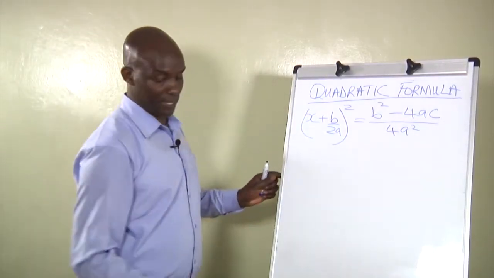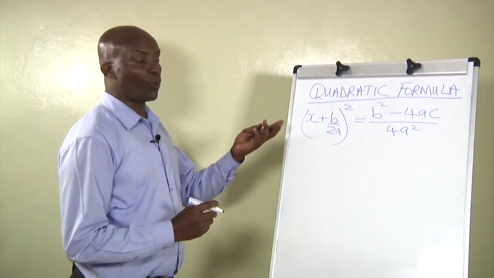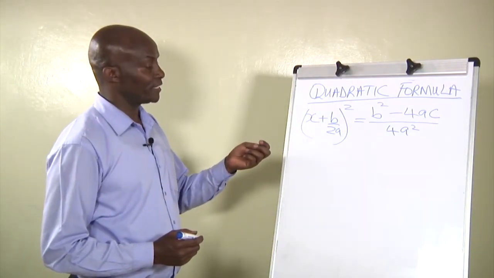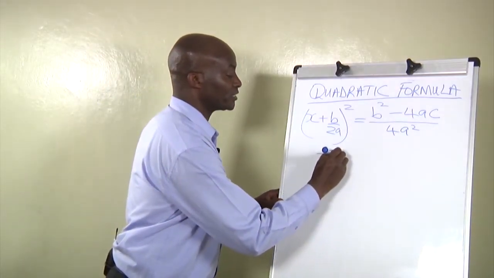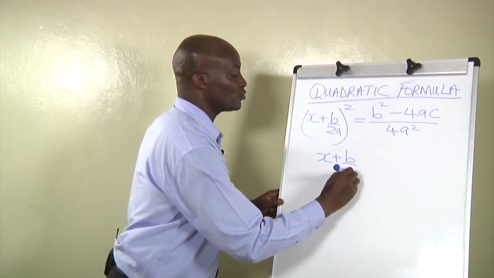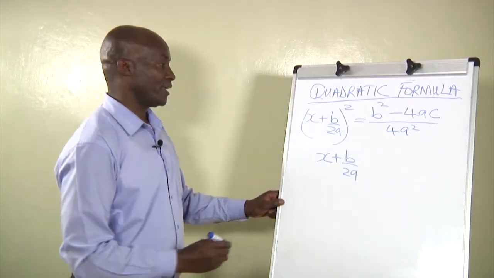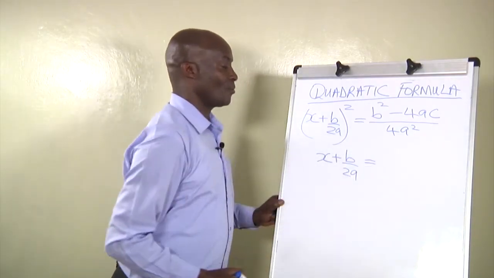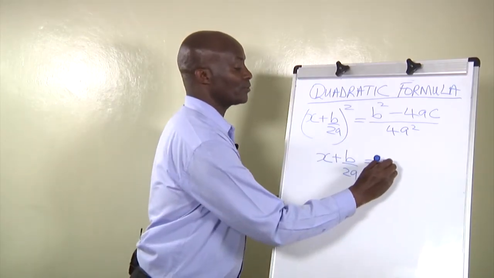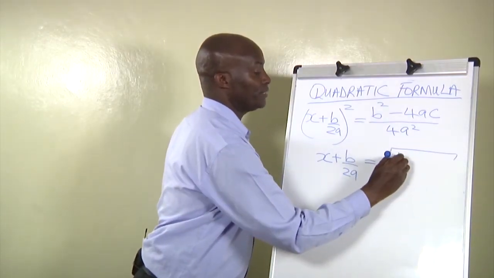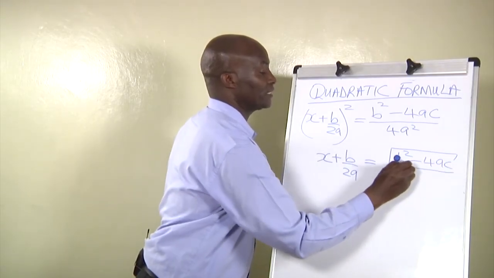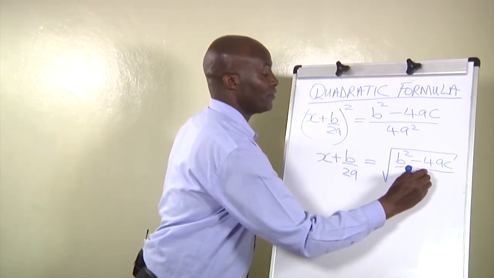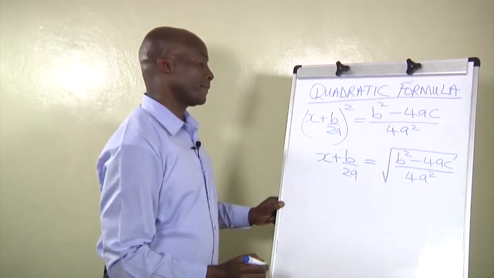The next step is to take the square root on both sides. Taking the square root on the left-hand side, we have x plus b over 2a. And on the right side, we will have the square root of b squared minus 4ac divided by 4a squared.